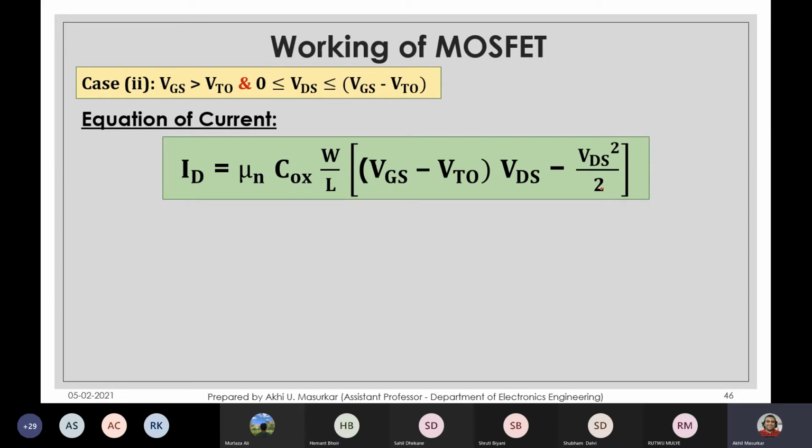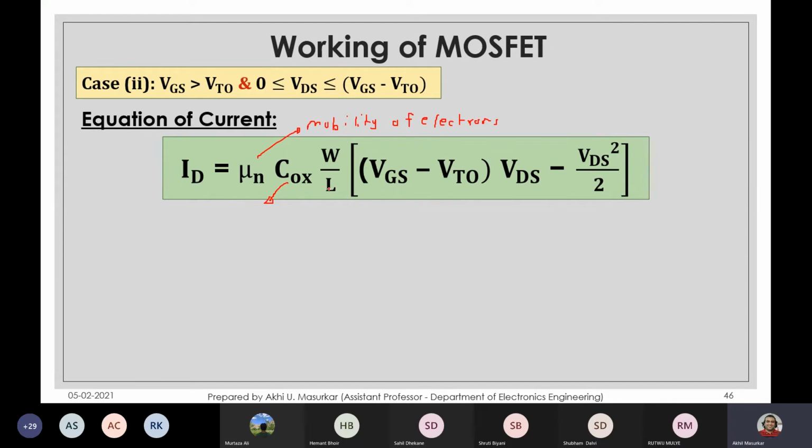So this is the equation of the current. Now mu n is the mobility of electrons, which is generally fixed at 300 degree Kelvin. COX, I have already told you how to calculate it, and W and L are the length and width of the MOSFET.